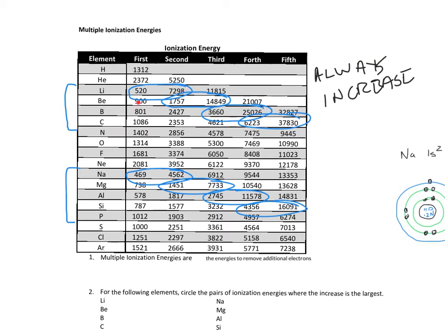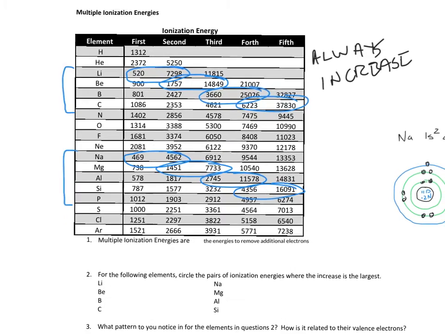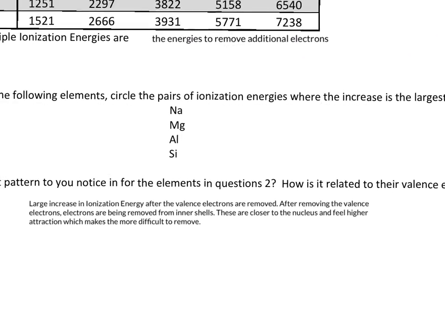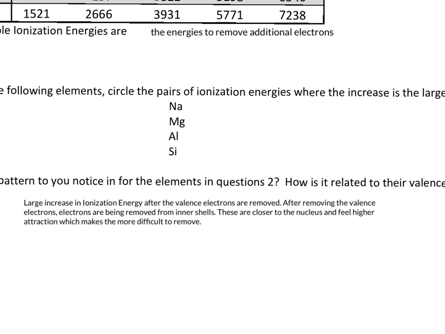Beryllium loses its first two rather easily, and then there's a high increase to remove the third, and so on. And we linked this pattern to their valence electrons. So what we said is that the large increase in ionization energy occurs after the valence electrons have been removed. And the reason is that once you remove the valence electrons, you're now removing electrons from inner shells. These are going to be closer to the nucleus, so they feel a greater attraction, a greater effective nuclear charge, which makes them more difficult to remove.